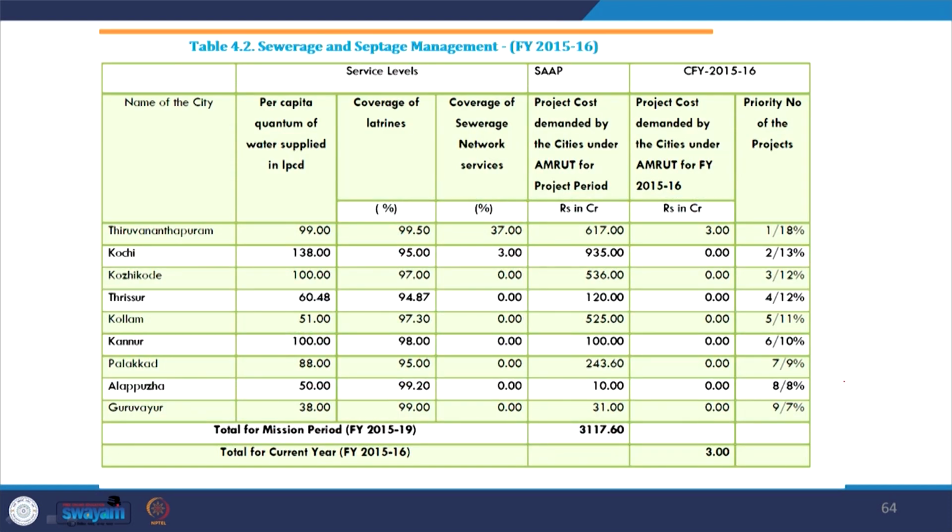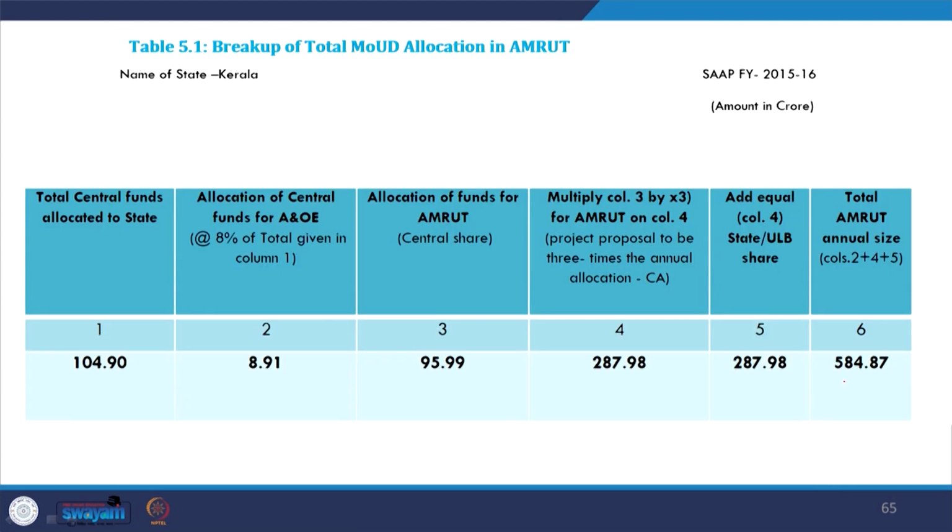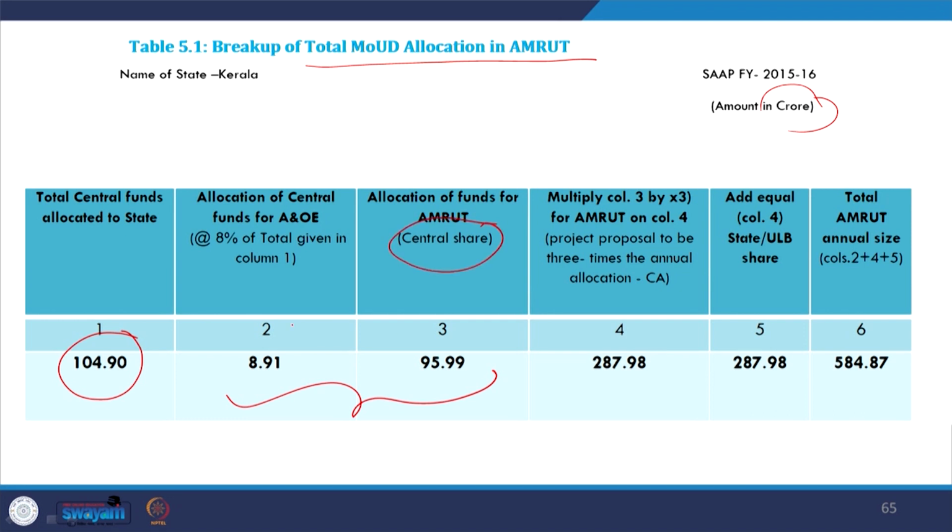Here we see in the document how sewerage and septic management has been planned out, what quantum they are looking at. Likewise, we see the overall funding which has been decided for them, the breakup of total MUD allocation in AMRUT for Kerala. The total project is 104 crores, including 95.99, which is the allocation they get from the central share, plus 8% for administration and operation cost.